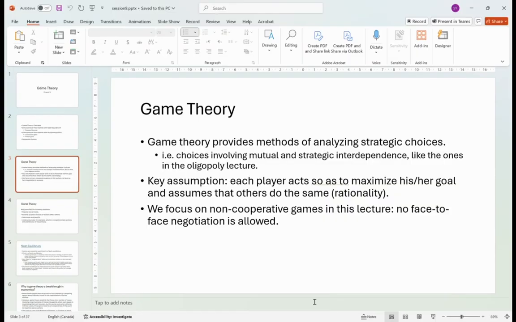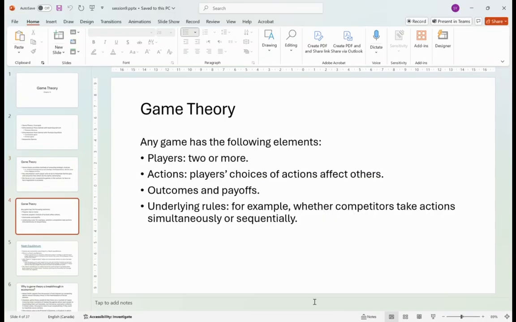And we are also assuming that for this lecture, we are not discussing cooperative games. That includes, for example, face-to-face negotiation across the players, right? So it's not allowed for the players to negotiate and perform some sort of coordination. That's not what we're going to review in the context of game theory for today.